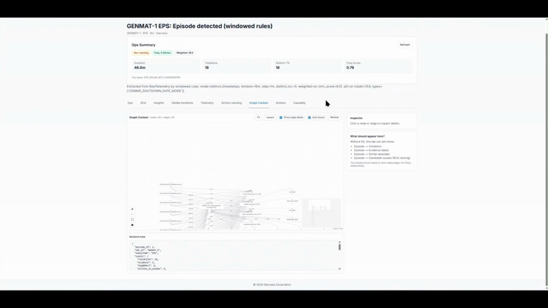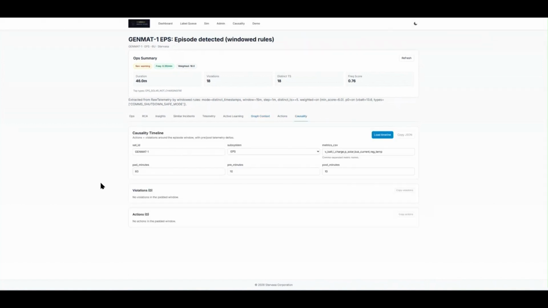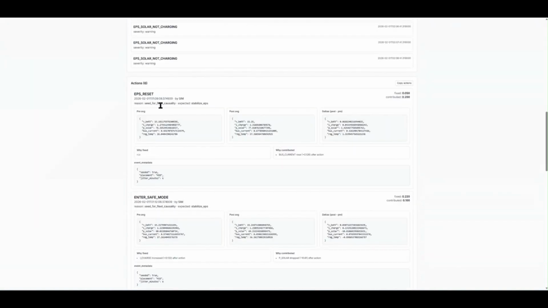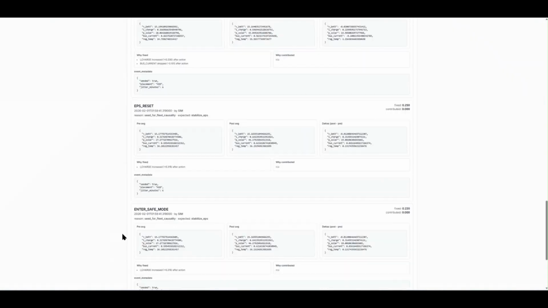The distinction is that action is what was actually done, and recommendation is what the engine recommended you do. Right now that distinction is lost, so we'll probably add the recommended action there. Load the timeline tells you what violations happened and what action was actually taken. It is a log of all the actions taken for that episode.